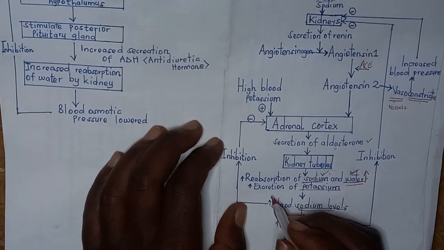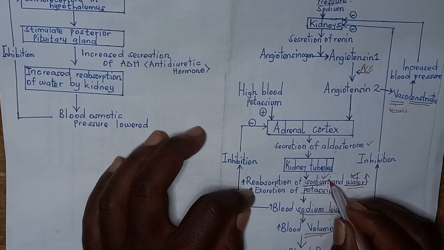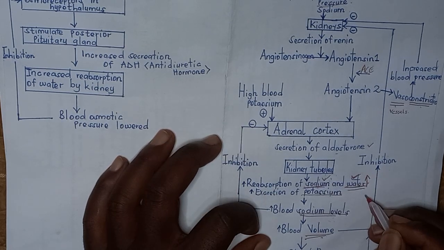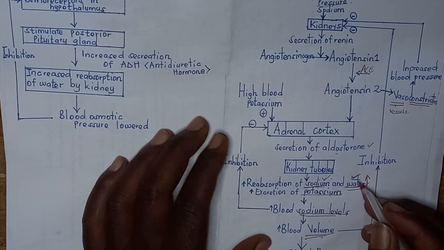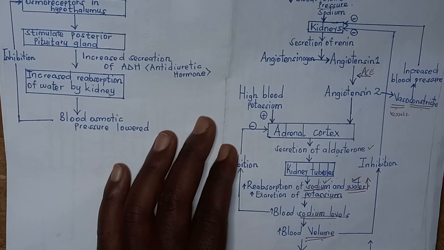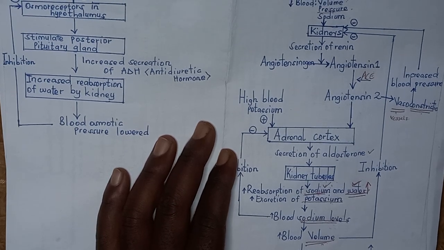So here, by reabsorption of sodium and water, we are increasing the pressure by increasing the volume. So the blood pressure will get higher because of its volume.